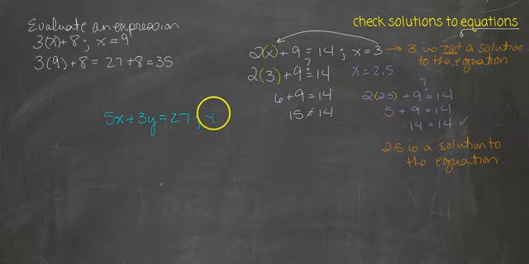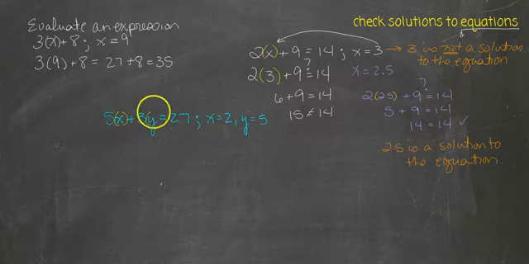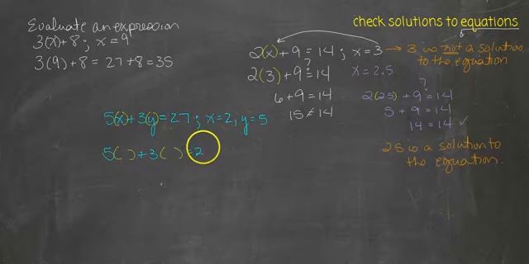So I'm going to try x equals 2 and y equals 5. All right, so if I plug in for my x and y, I get 5 times big gaping hole plus 3 times big gaping hole equals 27.